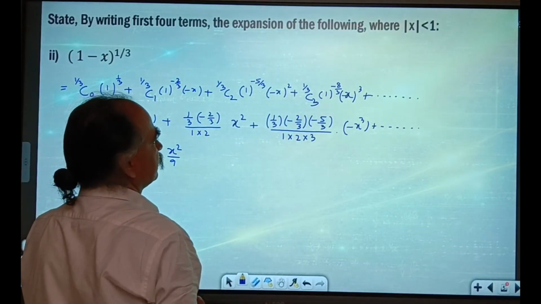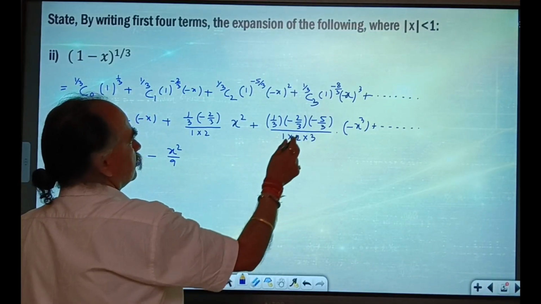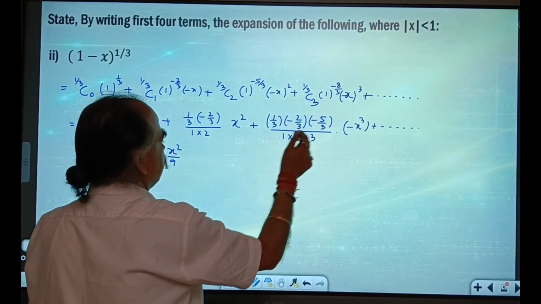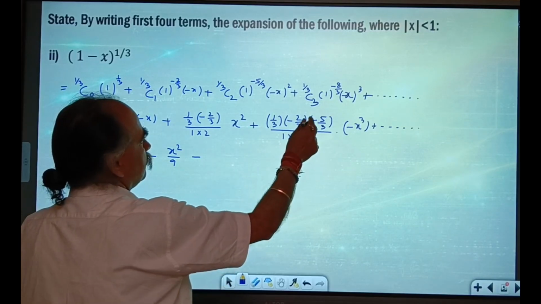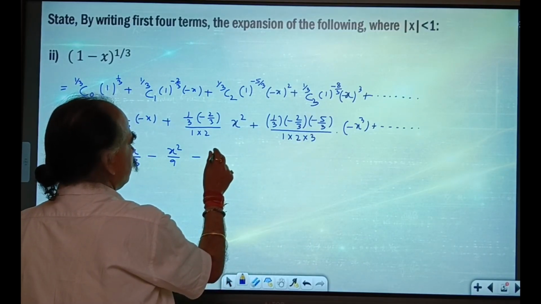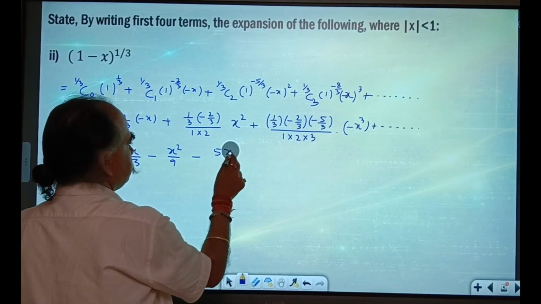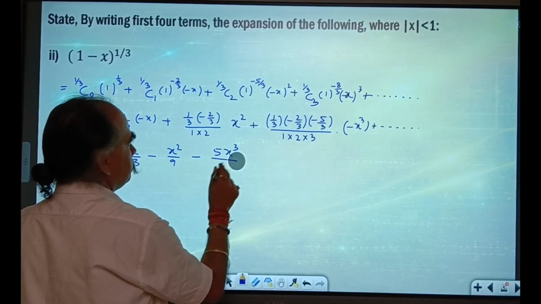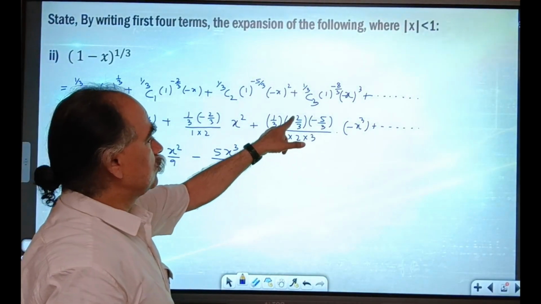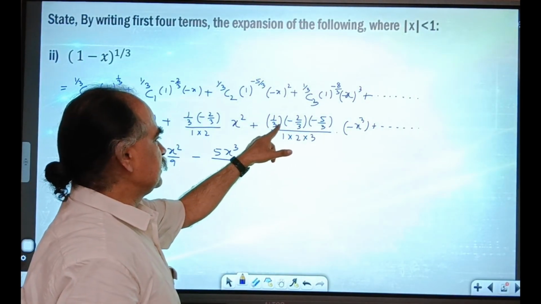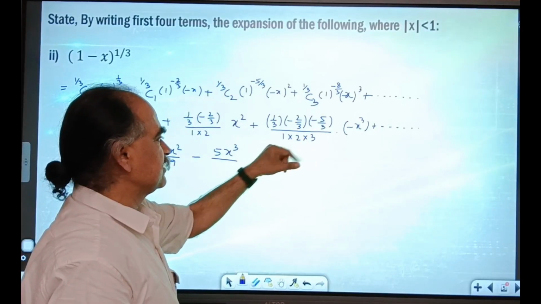This 2 will get cancelled. Minus into minus, plus into minus minus, 5x cube by, 2 got cancelled. 3 3 are 9, 3 are 27, 3 are 81.